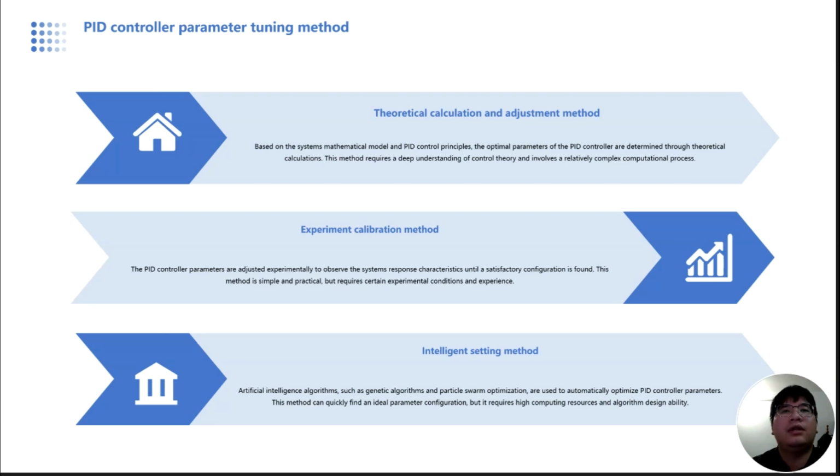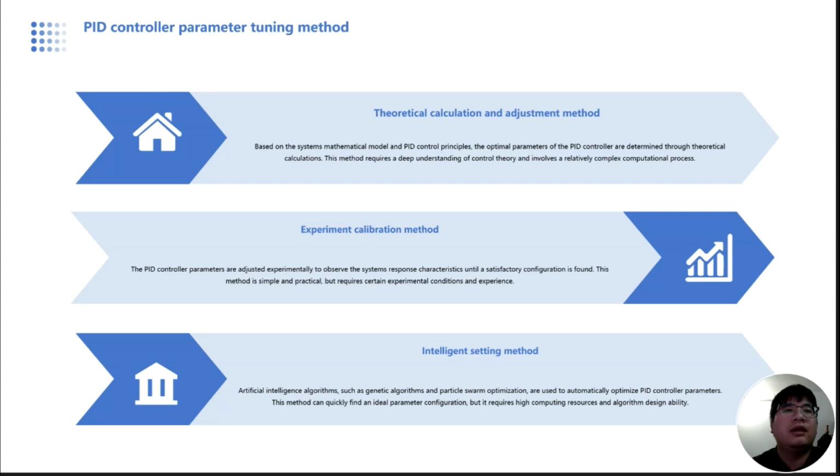For a more intuitive understanding, let's take a look at this picture. This graph shows how the step response curve of the system changes as KP, KI and KD change.